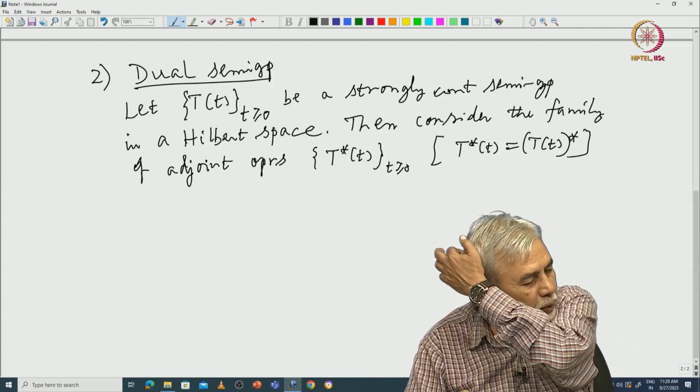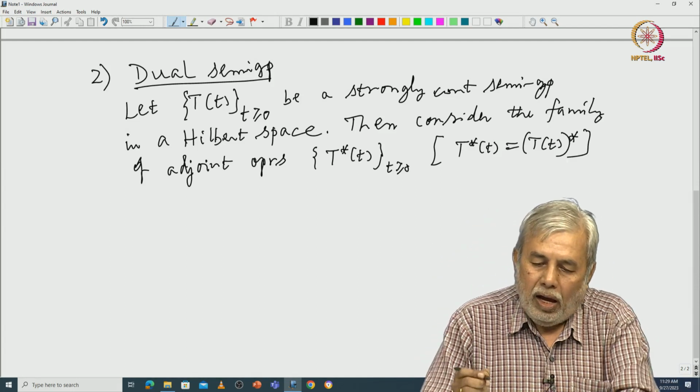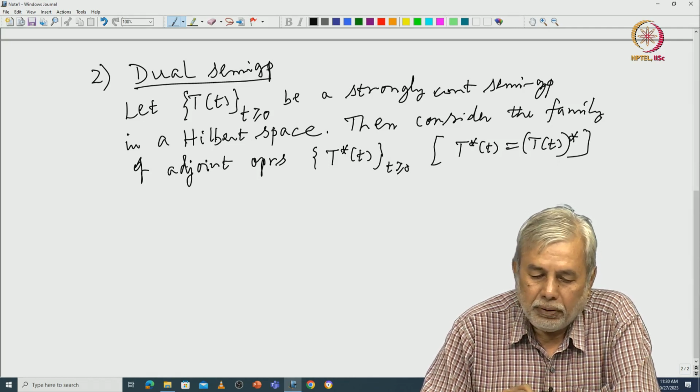So it's easy to check that the T star(t) satisfy the semigroup property. There is no trouble with that.